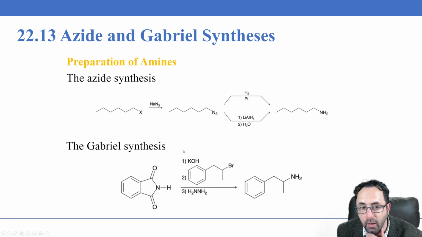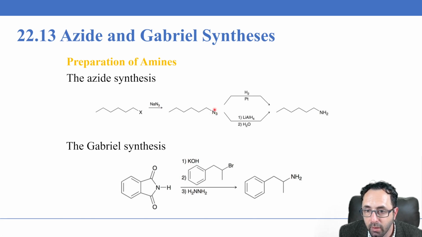We also covered the azide synthesis of amines. So if we react with NaN3, we can produce an azide, and then we reduce that azide with either hydrogen, again, be careful with hydrogen. If you have other double bonds, those will be reduced by that as well. Or a softer reducing agent, lithium aluminum hydride followed by water for protonation. That will produce for us an amine.